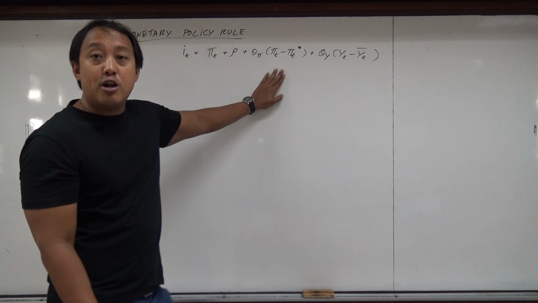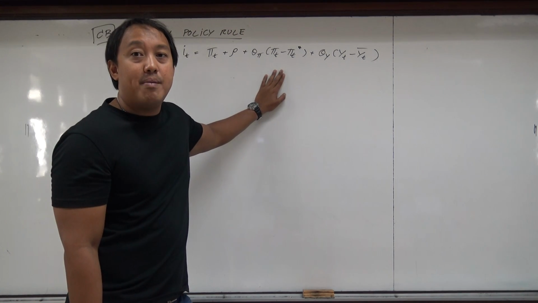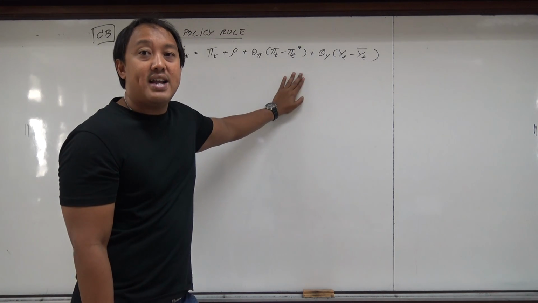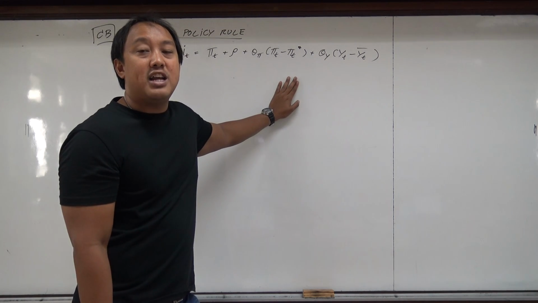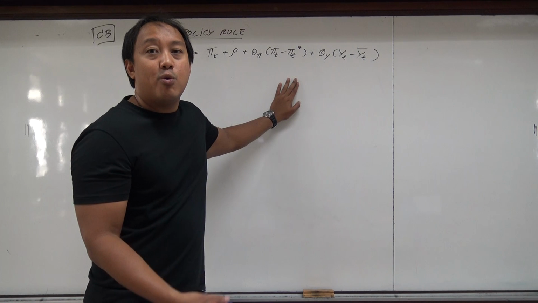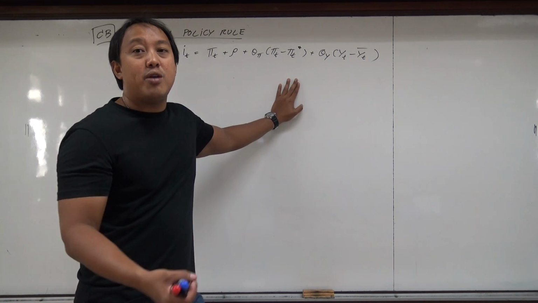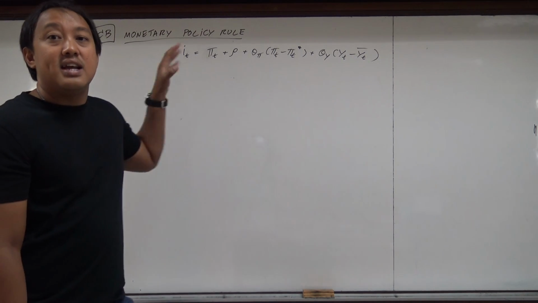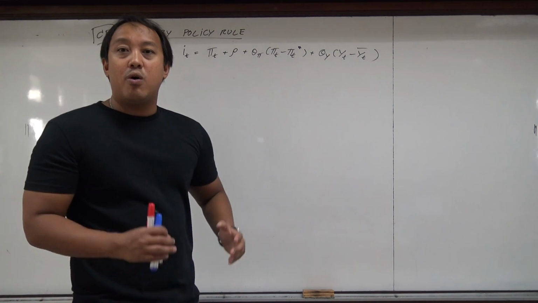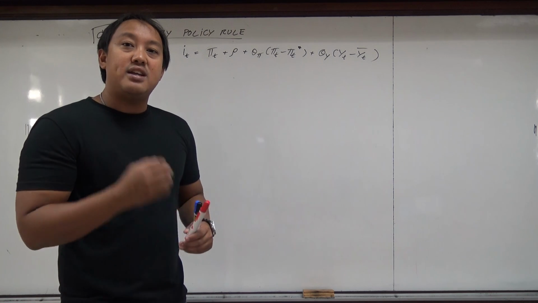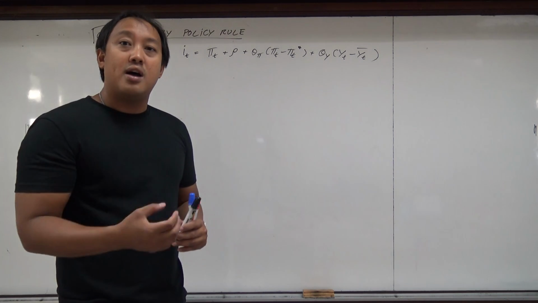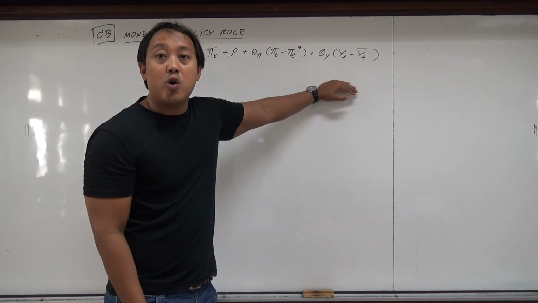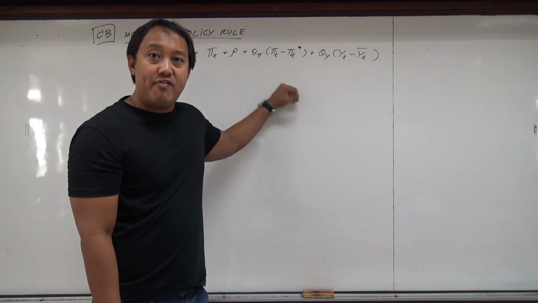If the central bank has an inflation problem, pi_t higher than pi_t star, inflation higher than the inflation target, this bracket is positive. So when we have very high inflation, the central bank responds by increasing the nominal interest rate. This equation shows how the central bank changes the nominal interest rate to solve the economic problem, whether it is the problem of the economy or the problem of inflation.